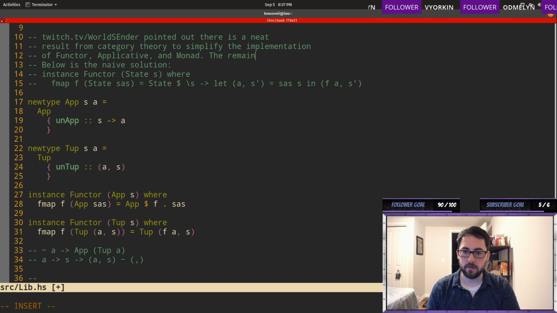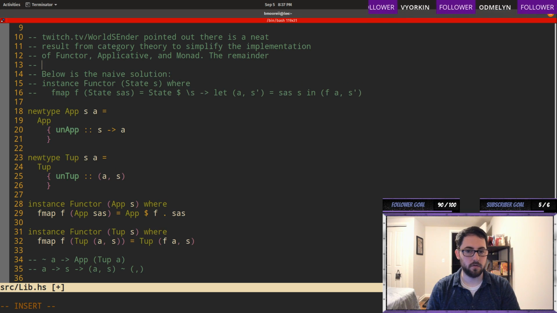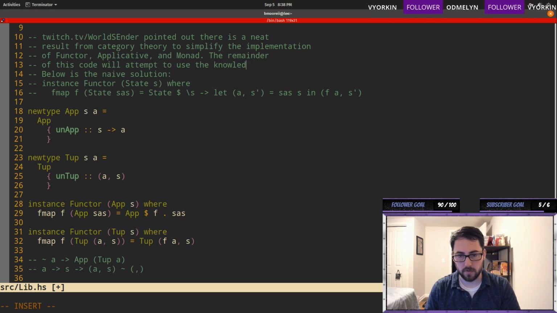The remainder of this code will attempt to use the knowledge. I can spell, I swear.